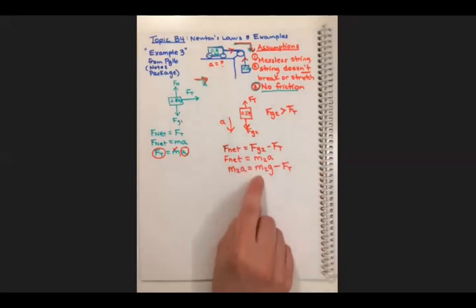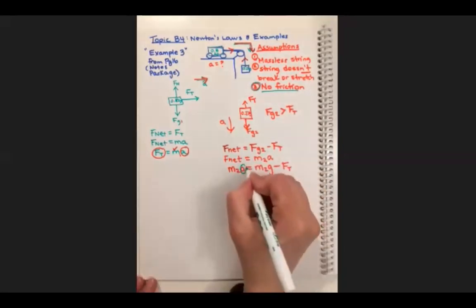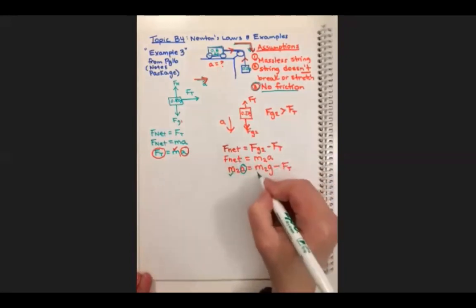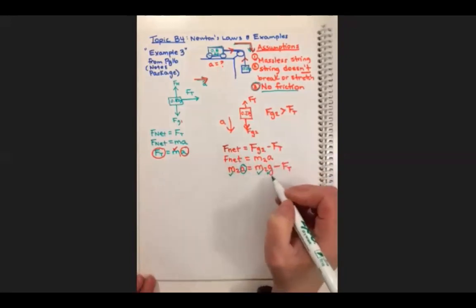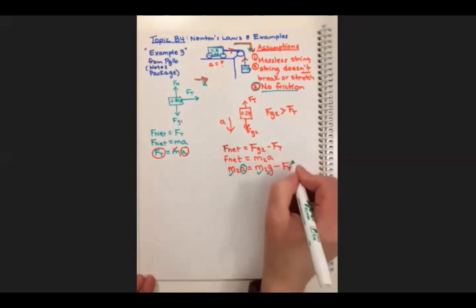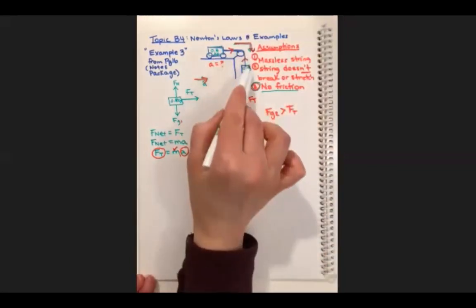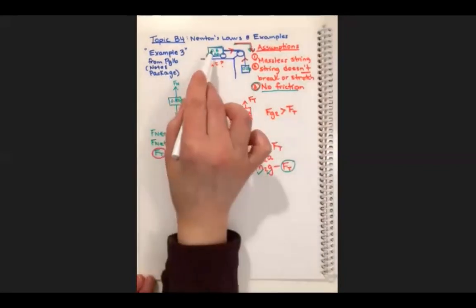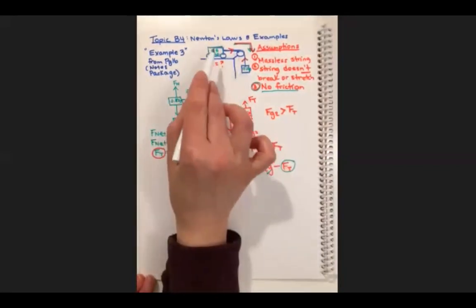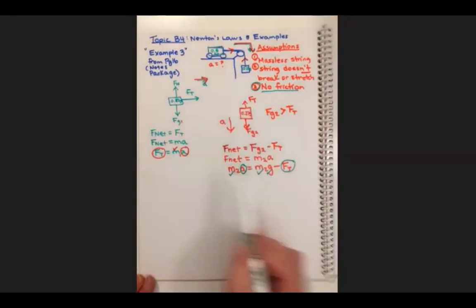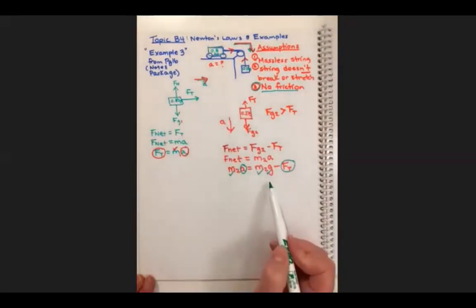On this side, can this equation be used to solve for acceleration? We do have mass 2, we do have g, which is the constant 9.81, we still don't have Ft. But because of the assumptions that we've made, the accelerations will be the same and the tensions will be the same. So we have two equations and it's the same two unknowns.